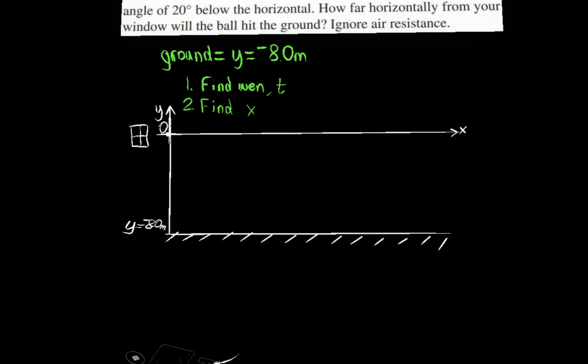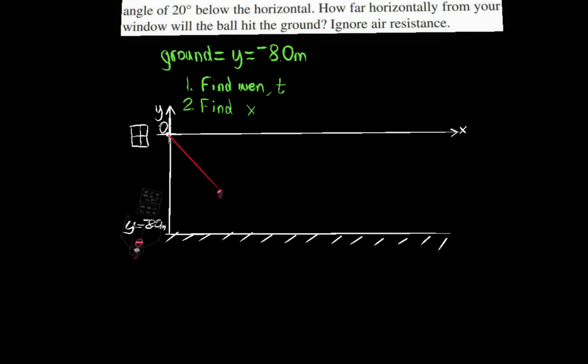You throw a ball out the window, all right? And when it leaves your hand, it's moving at 10 meters per second at an angle, so it's going to have some trajectory. We were green for position. So its trajectory is going to be at an angle of 20 degrees below horizontal. So maybe it's helpful to start with its initial velocity, huh? Maybe that's 20 degrees.